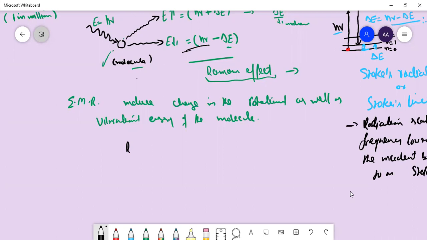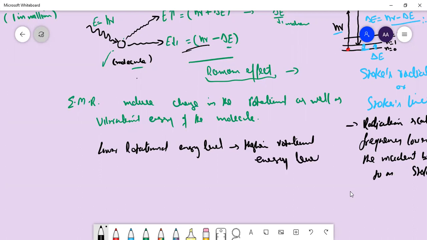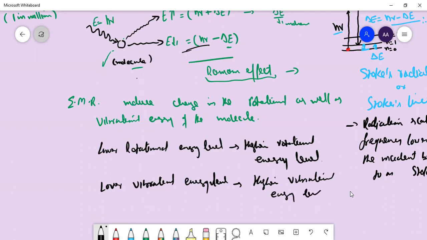So the molecule can be excited from a lower rotational energy level to a higher rotational energy level, or the molecule can also undergo transition from a lower vibrational energy level to a higher vibrational energy level.